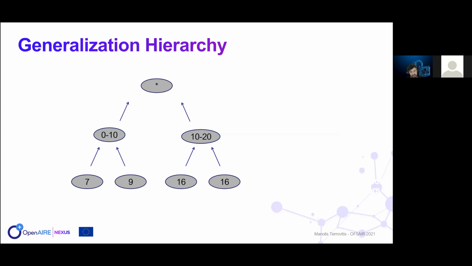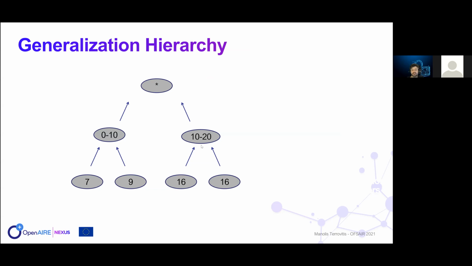Now, in order for the algorithm to do this correctly, it has to have some information because this is semantical knowledge. So this information is provided to the algorithm by the user in the form of a generalization hierarchy. The generalization hierarchy is actually a set of rules where you show in iterative steps how each specific value can be generalized more and more.